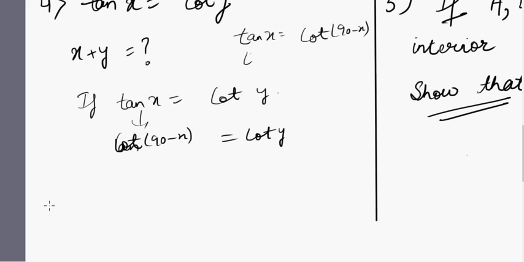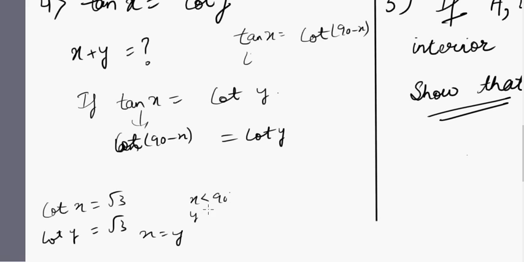Now friends, say if we are given that cotangent of x is under root 3 and cotangent of y is under root 3, it is possible only when x equals y, for x less than 90 degree and y less than 90 degree and greater than 0.